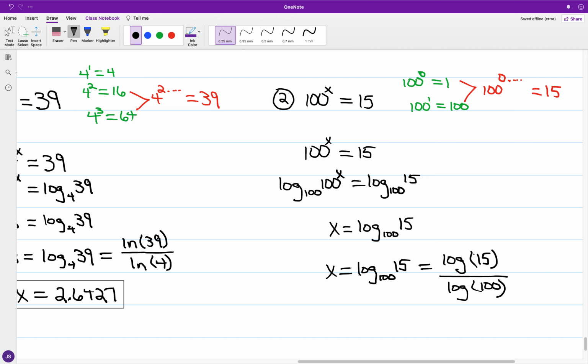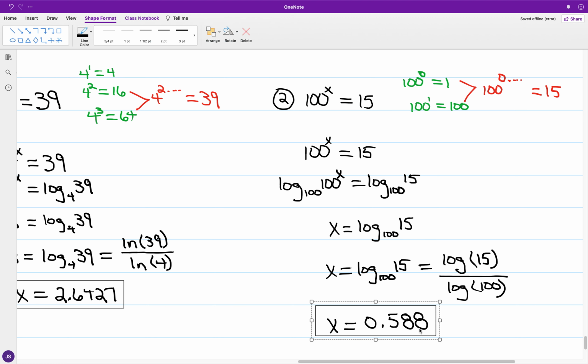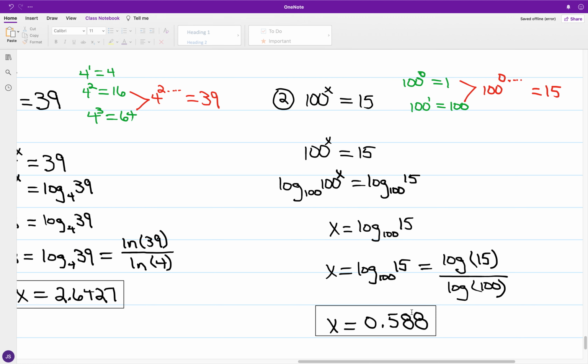If I take the ratio, it turns out that x, to about the nearest 3 decimal places, is right at 0.588. So 100 to the 0.588 is going to be equal to 15.